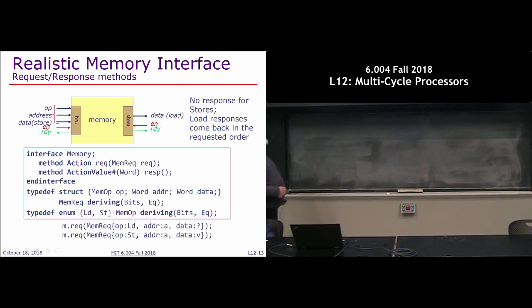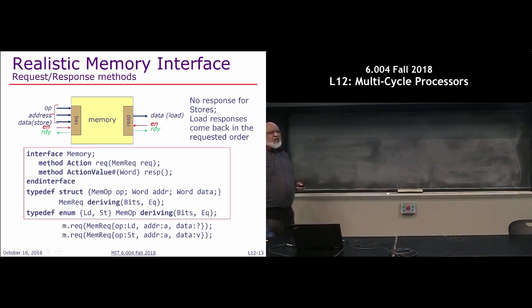So how do I invoke it? If I'm making a load request, it'll look like this, and there is no data in it, so I put a question mark. If it's a store, then I do this, and I also supply a piece of data. So two kinds of requests can go in, and depending upon what kind of request it is, they have slightly different amounts of information in the data structure itself.